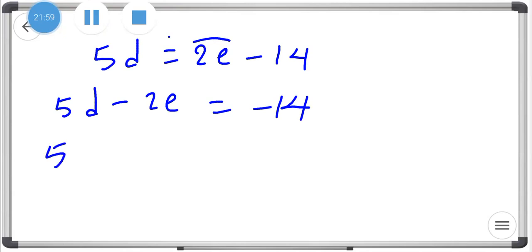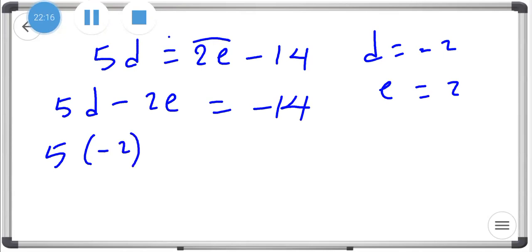5 into, take note, after solving, we got our D to be minus 2, and E equals 2. So let's now insert D equals minus 2 here, and also E. What is my E here? We got E equals 2.